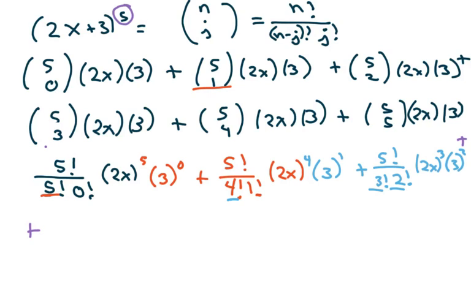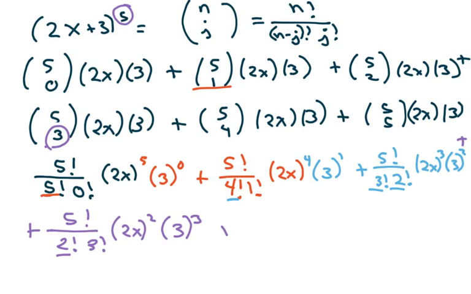I'm going to start here. I'm going to put the 5 factorial on top, and then I'm going to put 3 factorial here, because that's what we have here. And I'm going to put it at the end and put the 2 here, because then it matches the order here. So the 2's match here, and then I have a 3 cubed plus 5 factorial, and it's going to be 4 factorial, 1 factorial.